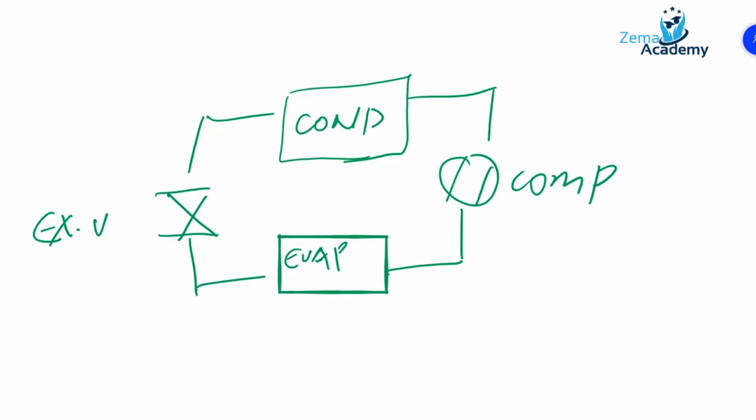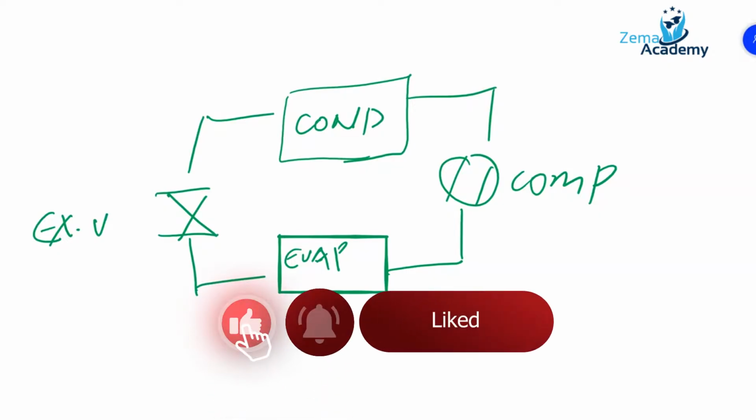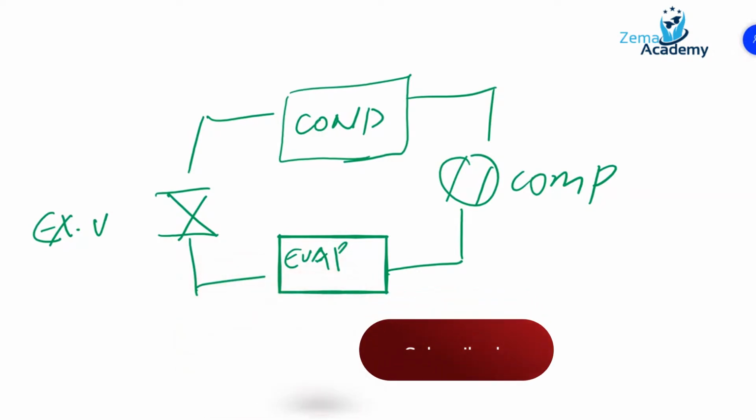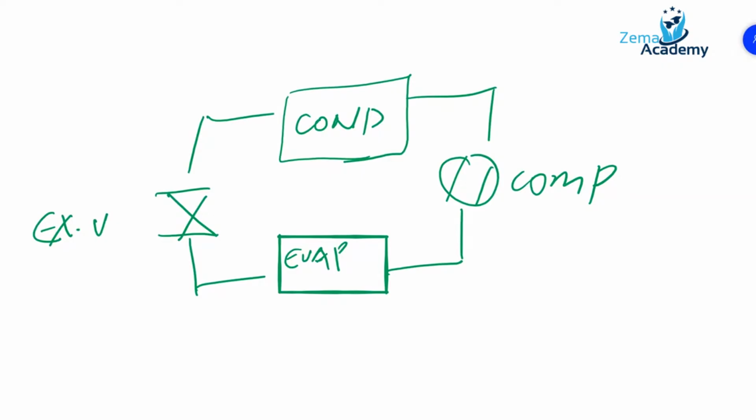Okay, so the four components of any vapor compression system are the evaporator, compressor, condenser, and expansion valve. So these are the four components, or you may also refer to them as four stages. So if I divide the system into half, like this, let's start.